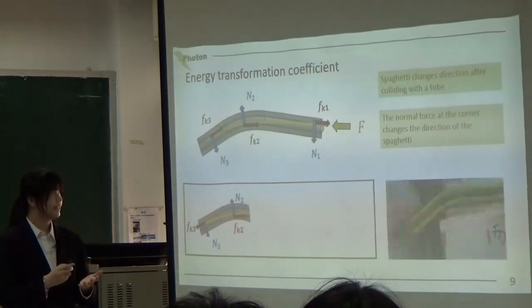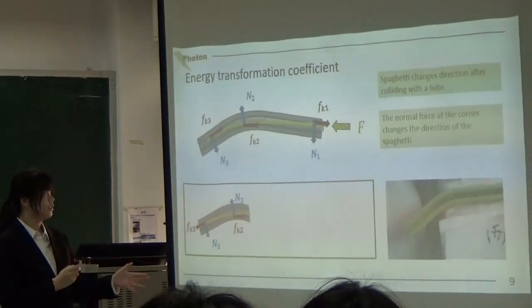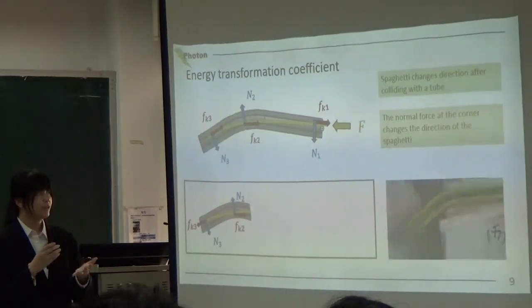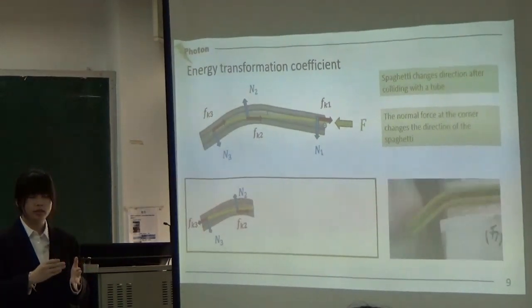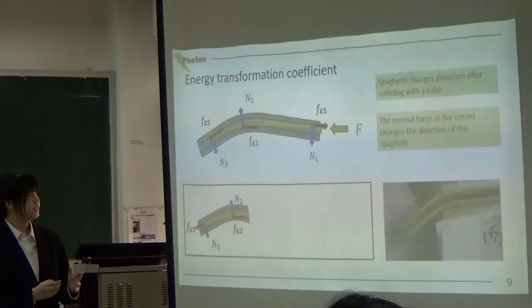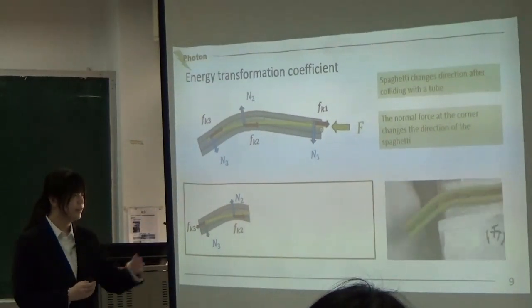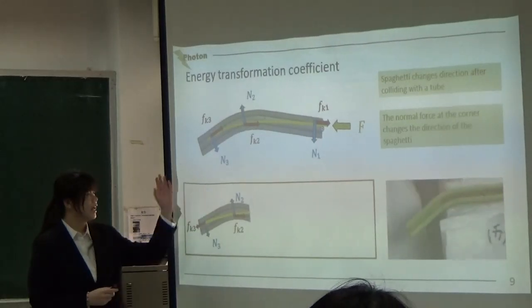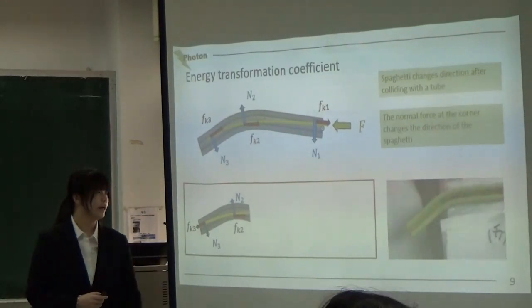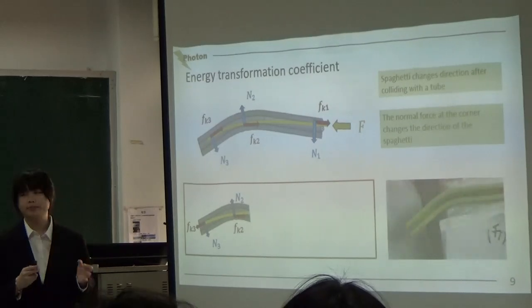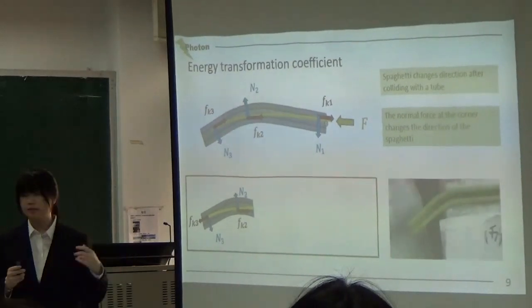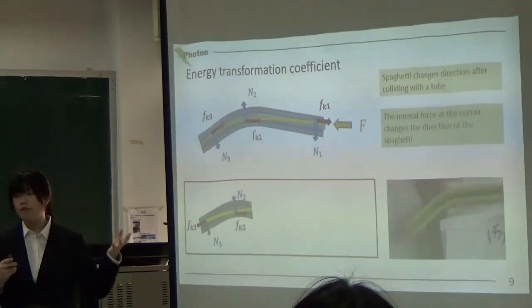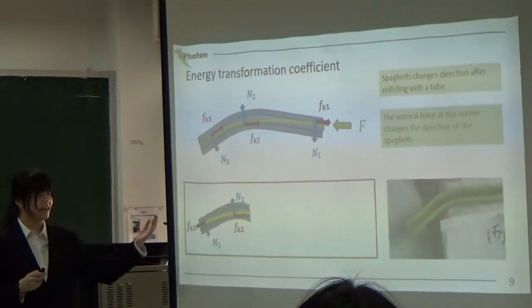The spaghetti in the beginning is not moving forward, so the spaghetti needs to hit the tube and change direction. See here, there are three force points. N3 and N1 do not change the spaghetti's direction because the normal force is perpendicular to the spaghetti.